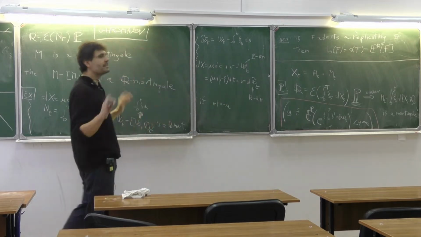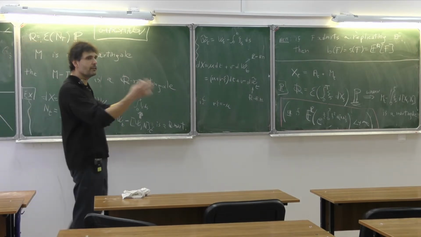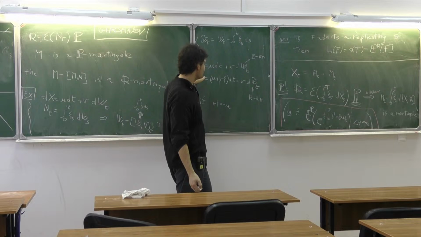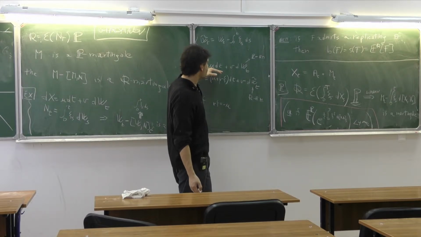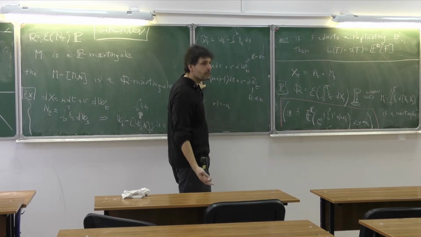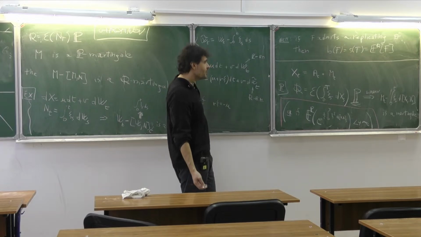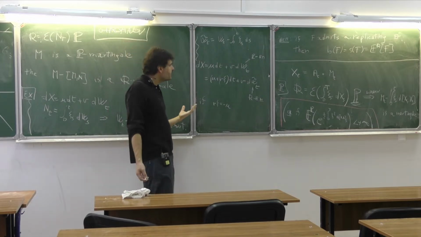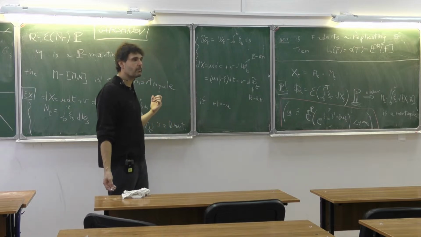X is what it is. I don't change it. X is a function of t and omega. It's the value of the actual stock at time t. But if I change to Q, if I change the probability measure, the distribution of X changes. The law of X changes. To price options, to price derivatives, I just need to find that measure that makes X a martingale.